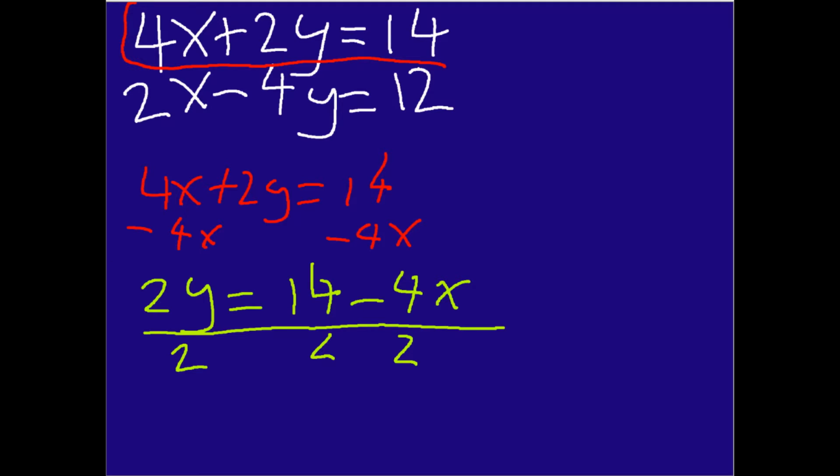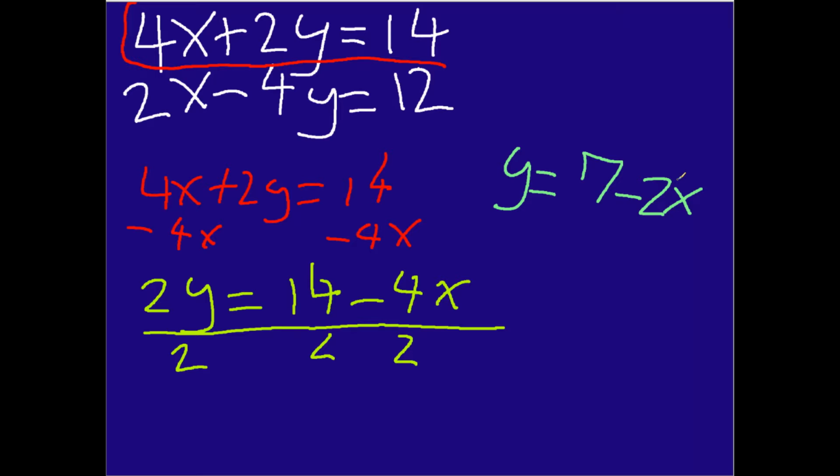This leaves me with my final solution, at least initially: y equals 7 minus 2x. So I know y equals 7 minus 2x. I still don't know what x is, but I have an idea of what y is now.